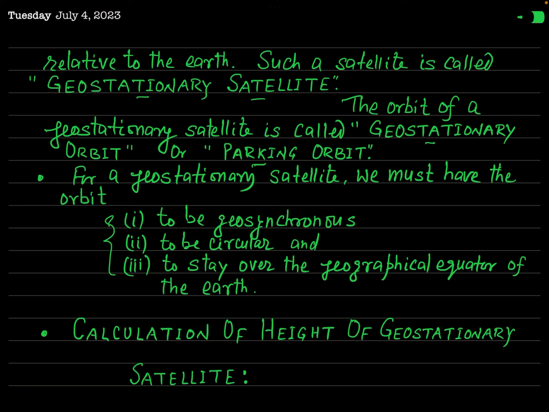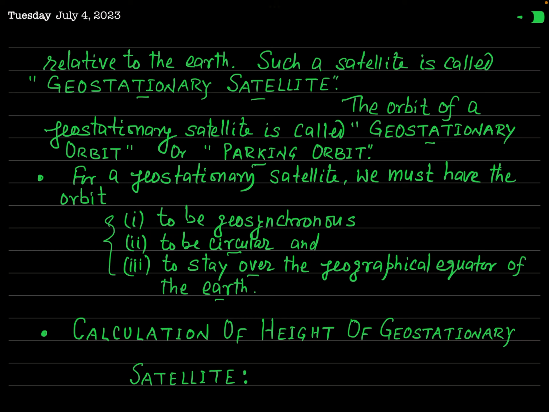Okay. The second condition is its orbit must be circular. Okay. And the third most important condition is this satellite must stay over the geographical equator of the earth. If this satellite is not over the geographical equator, then it cannot be a geostationary satellite. Okay.